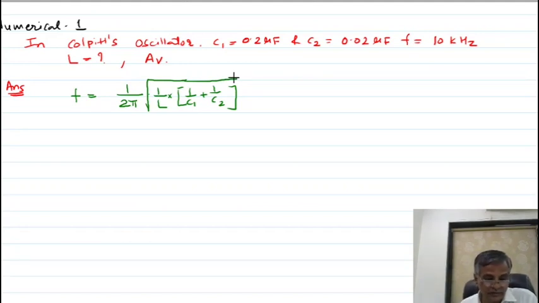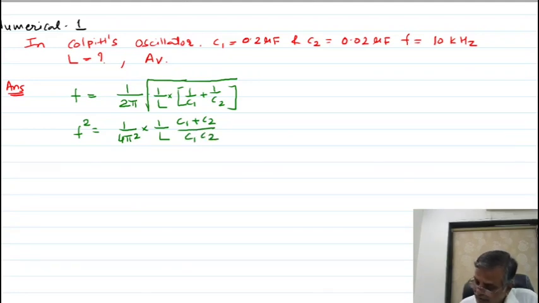So F square is equal to 1 upon 4 pi square into 1 by L into (C1 plus C2) upon C1 C2. So L is equal to 1 upon 4 pi square F square into (C1 plus C2) upon C1 C2. So you can calculate the value of L.